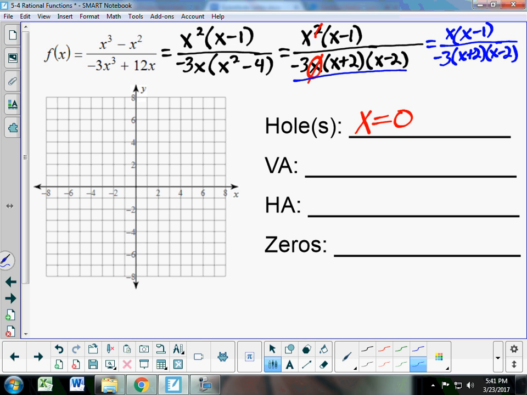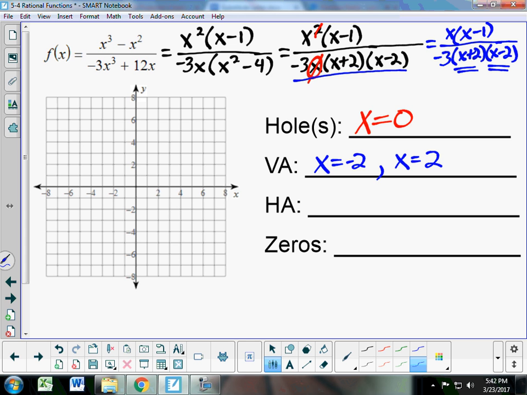Okay, so we set this denominator equal to 0. The x plus 2 and the x minus 2. The negative 3 really doesn't affect it because there's no x with it. So what two values are going to create zeros here in the denominator? Well, one would be when x is equal to negative 2, and another one would be x equals positive 2. So we're actually going to have two vertical asymptotes. We saw an example like that yesterday.